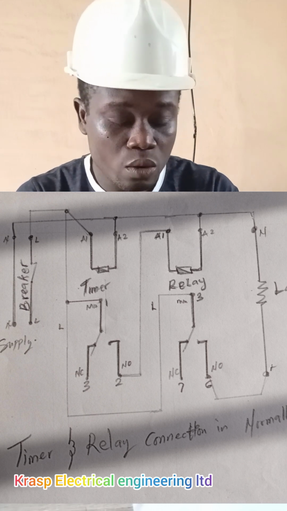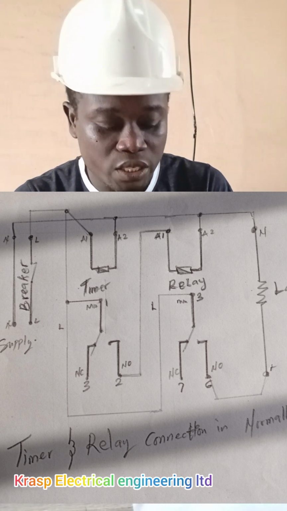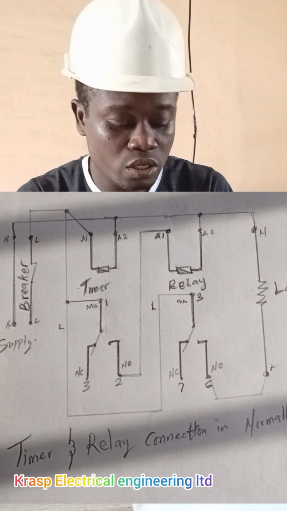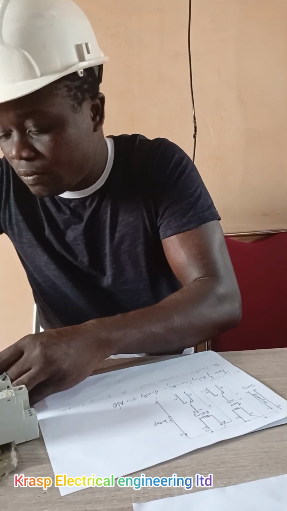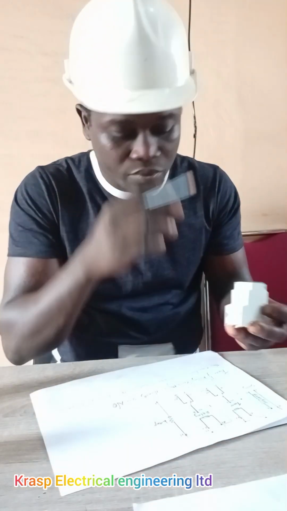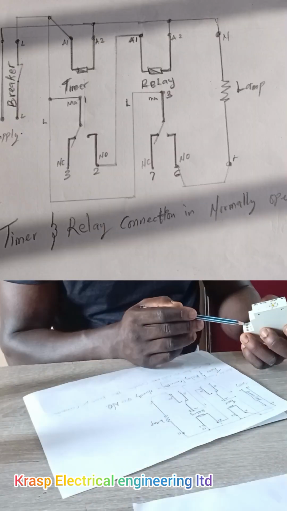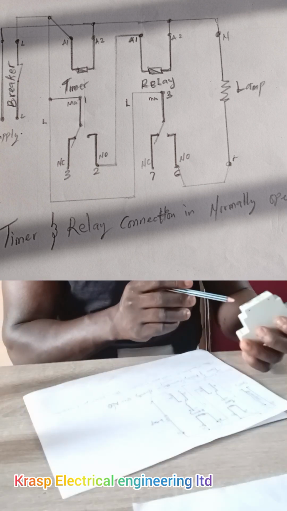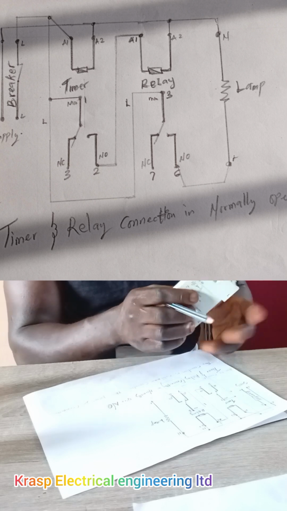So now this A1 of the timer and the 1 of the timer, which is on the other side of the timer. I'm saying the A1 and the A2 on the timer, and the other side, number 1, is my main on the timer as well.